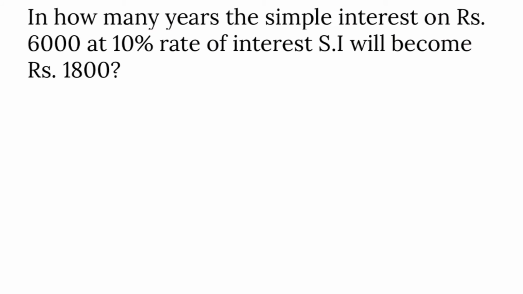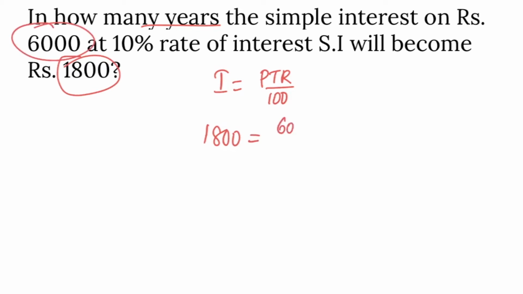In how many years the simple interest on 6,000 rupees at 10% rate of interest will become 1800? Interest is given. In how many years? Time period is asked. We know I is equal to PTR by 100, out of which interest is 1800 is equal to principal 6,000 rupees borrowed, time period required, rate of interest 10%, PTR by 100.